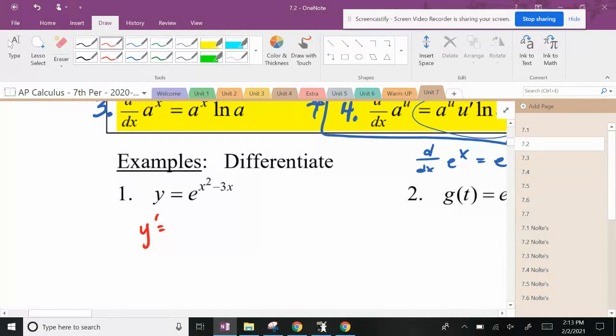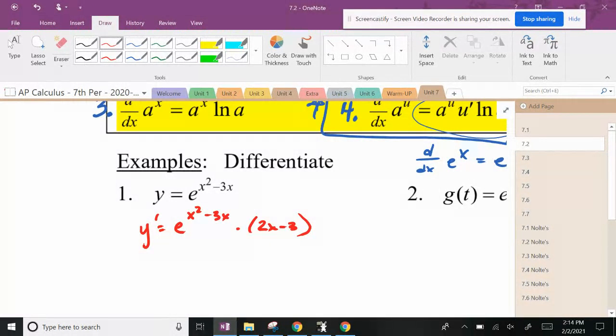So what is the derivative of that whole thing? It starts out with just copying down exactly what is given. And then you just multiply by the derivative of the exponent. So what's the derivative of x squared minus 3x? And then the last thing always in calculus is you've got to simplify it.